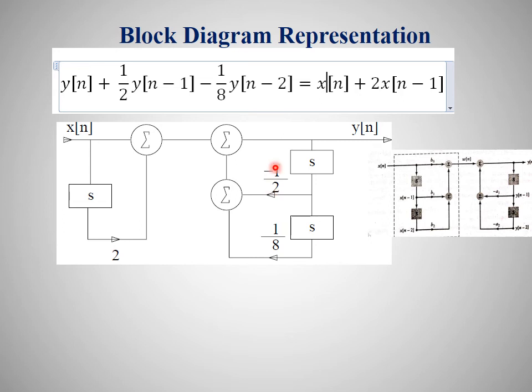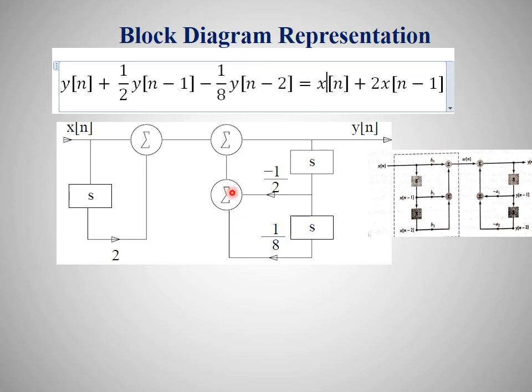So this is minus half, and here already it is a minus half. Minus of minus will give us 1 by 8. So we have generated the first two terms, minus half into y of n minus 1, and the other term plus 1 by 8 into y of n minus 2, which is given here.